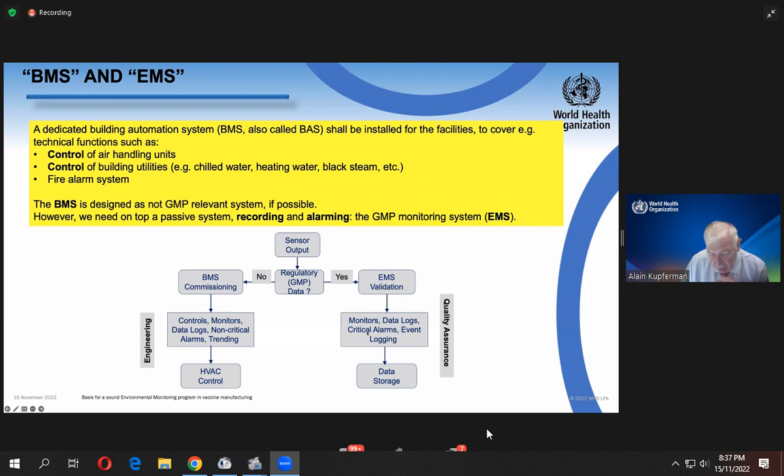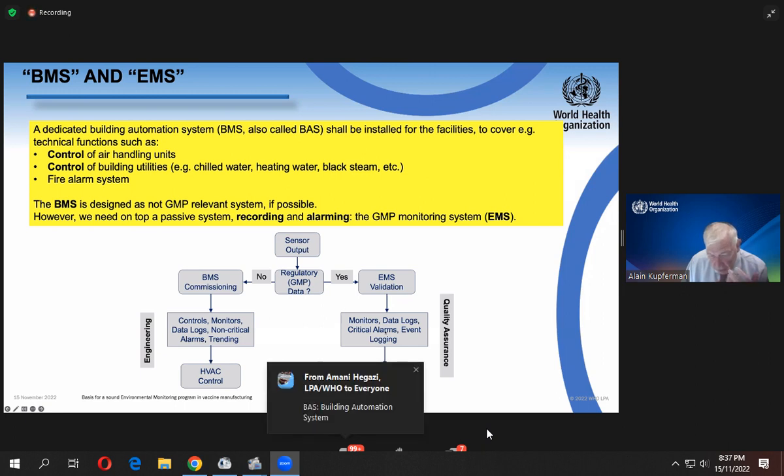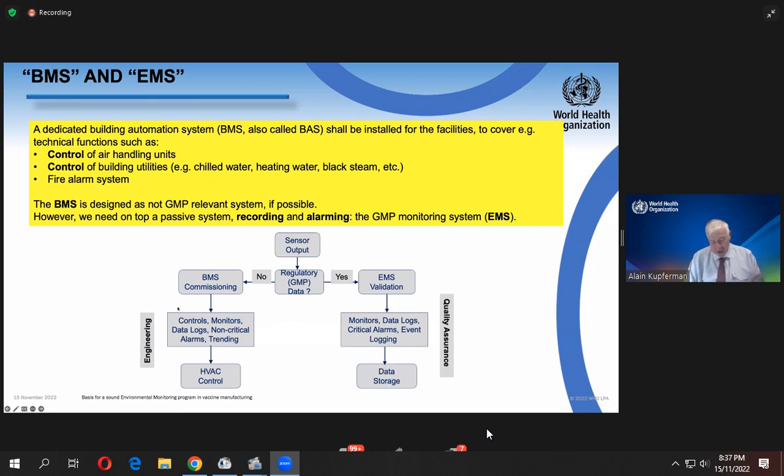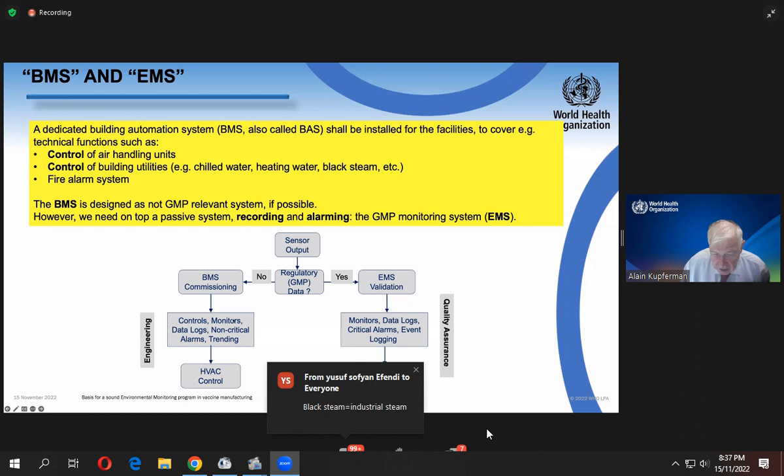So this one will also monitor. It will log all the events, store data, etc. But this is passive. It doesn't control anything. Whatever happens, let's say if my pressure goes down, maybe I have my ventilator run faster, etc. It will tell me, yes, the pressure went down and maybe you have a critical case. So it's a very big difference.